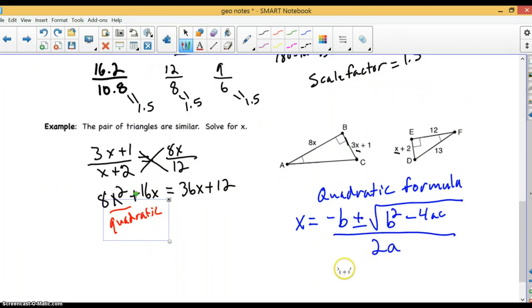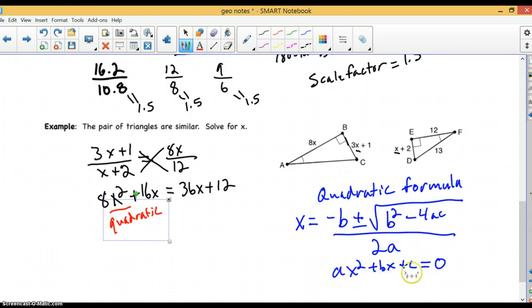This is assuming that we have a quadratic in the following form: ax squared plus bx plus c equals 0. What this means is we have to get all the numbers on the left-hand side and a 0 on the right-hand side, and we need to combine all like terms so that we just have 3 things being added.